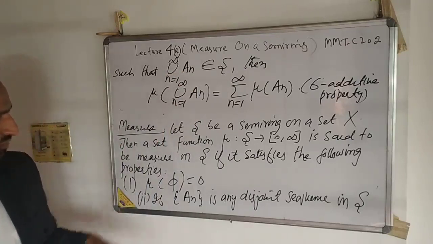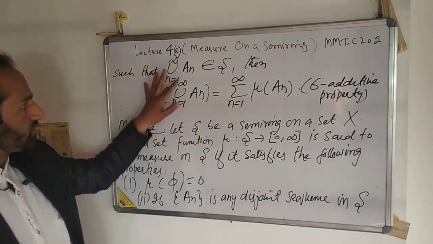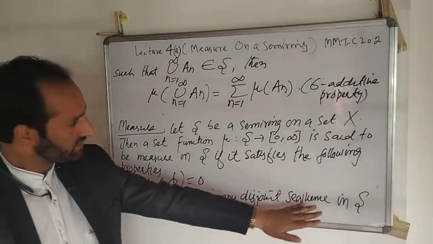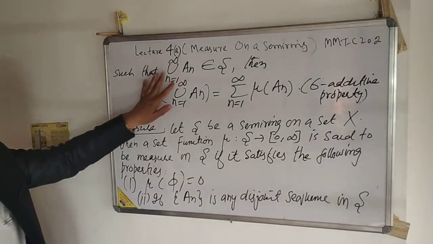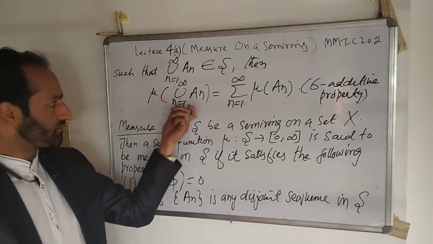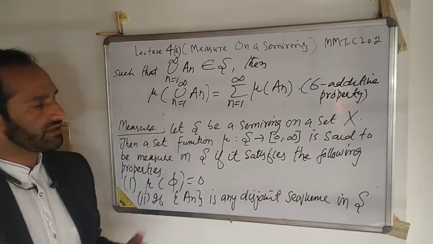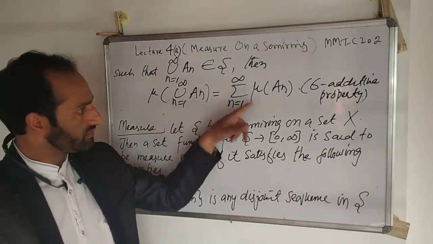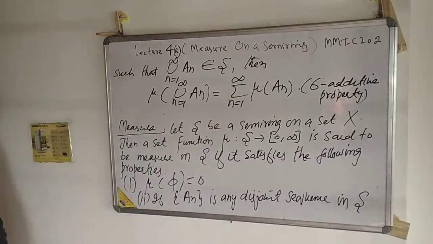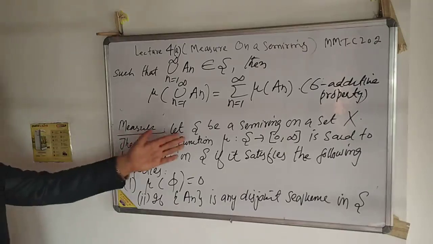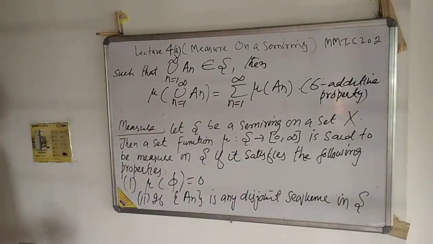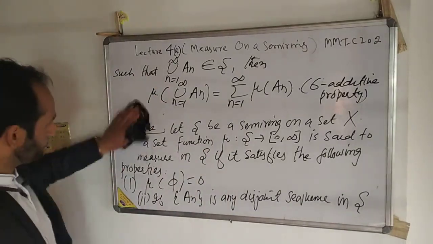Here the domain of mu is S, so that means this union should be in S. So A_n is a disjoint sequence in S, with the condition that the union belongs to S, then it should satisfy this property: mu of the disjoint union over n from 1 to infinity of A_n is equal to the sum over n from 1 to infinity of mu of A_n. And this property is called the sigma additive property. And this set function mu is called a measure on S. So that's the definition of a measure.